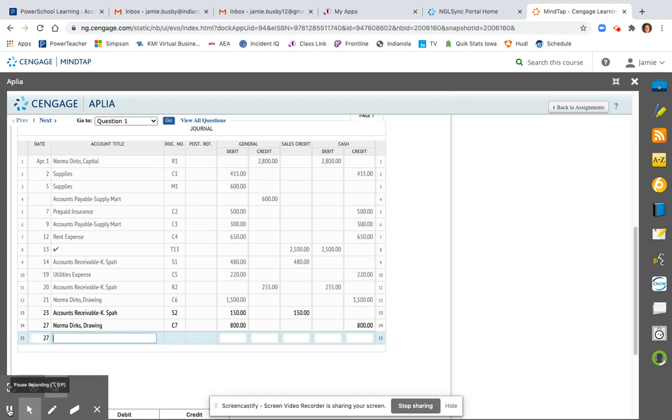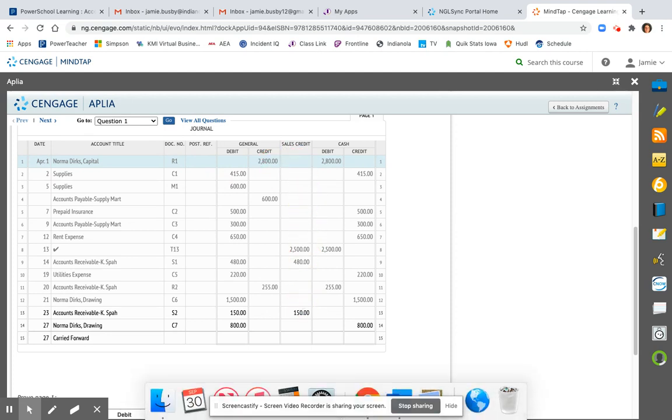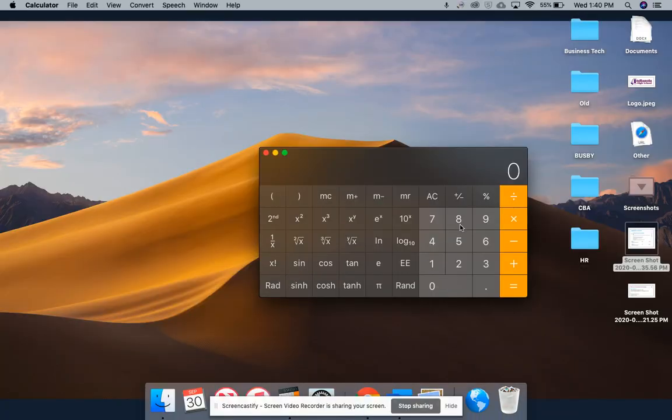We write carried forward. So we're going to carry this information forward. And then we need to total each column. So you'll need a calculator, or use the calculator that you might have on your computer to total those.